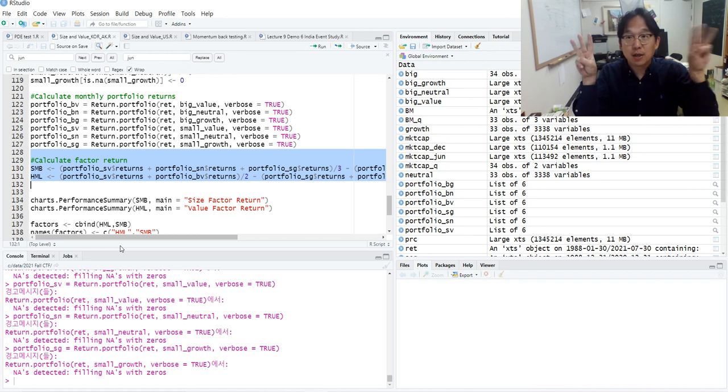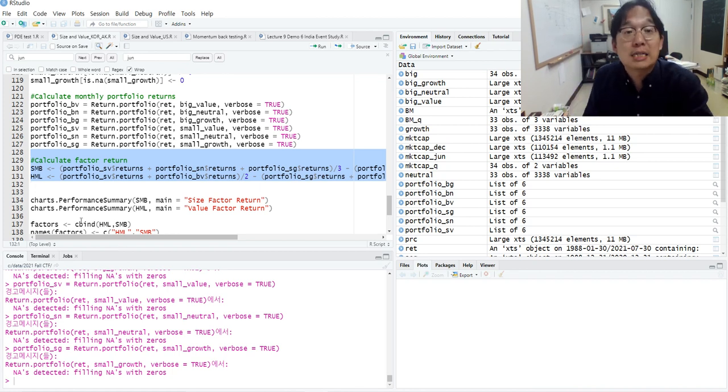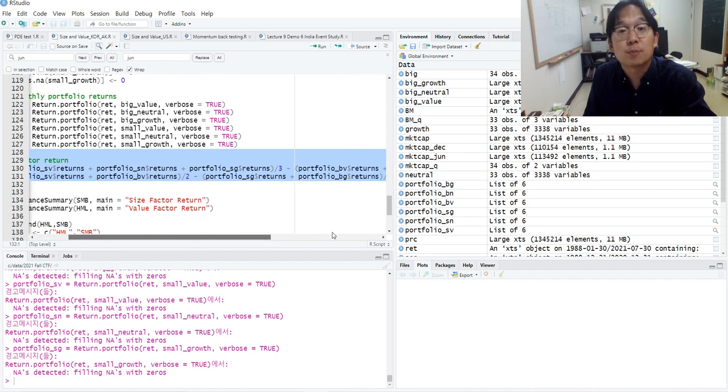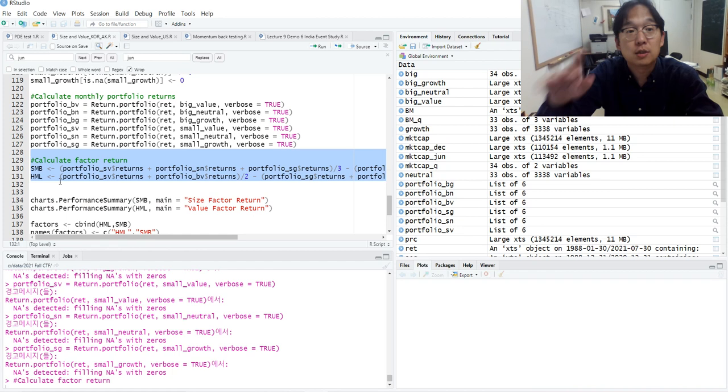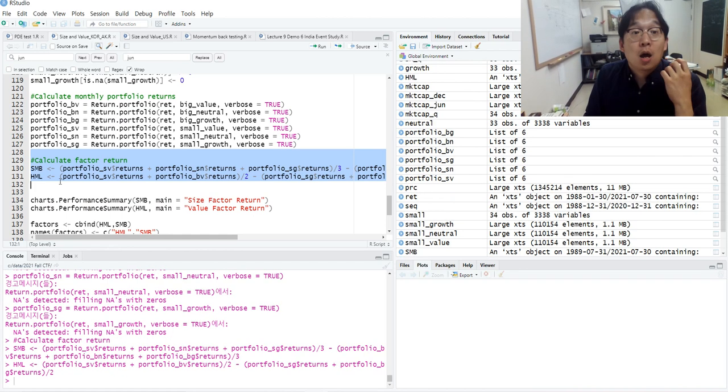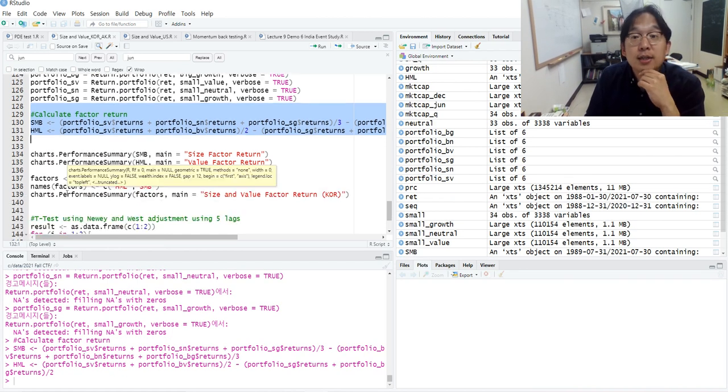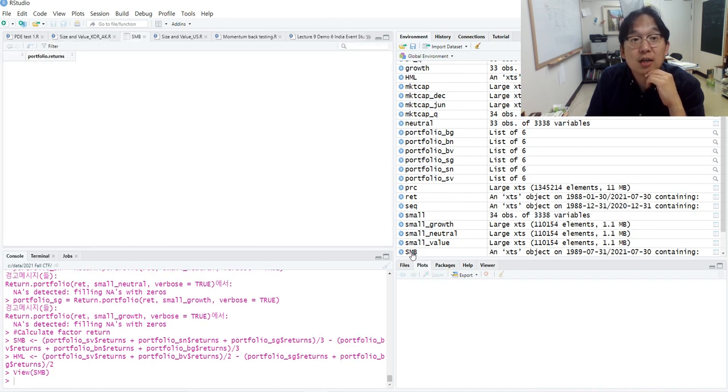And then for HML, you had two value stock portfolios minus the low book to market growth stock portfolios. So those are simple averages; you subtract like this. That's the calculation done here, month by month, and then HML and SMB are constructed like this.